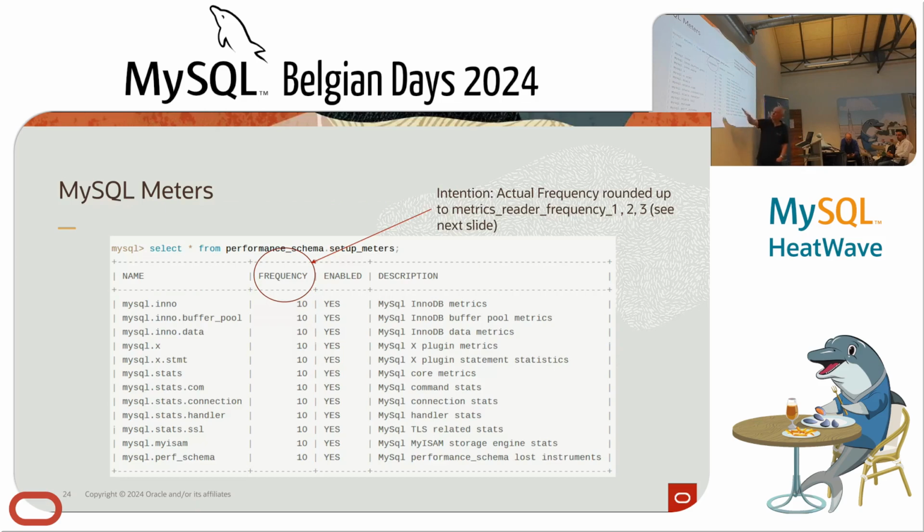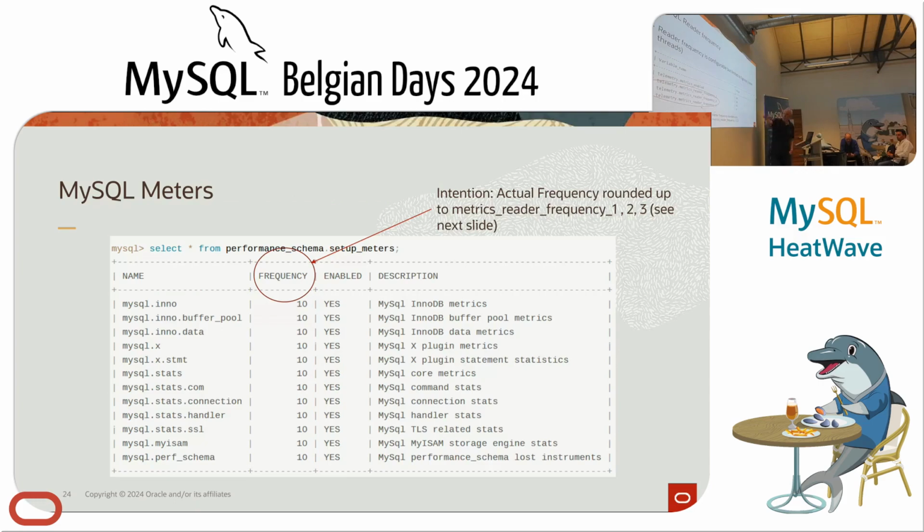This frequency is rounded up to these other frequencies. I can explain a little bit about that. Essentially, you have up to 3 groups of frequencies, and you can choose which meter goes into what group. So that's the configuration of meters.